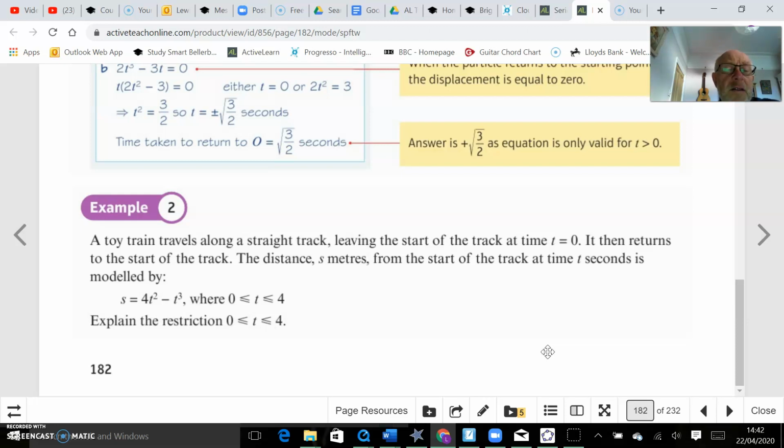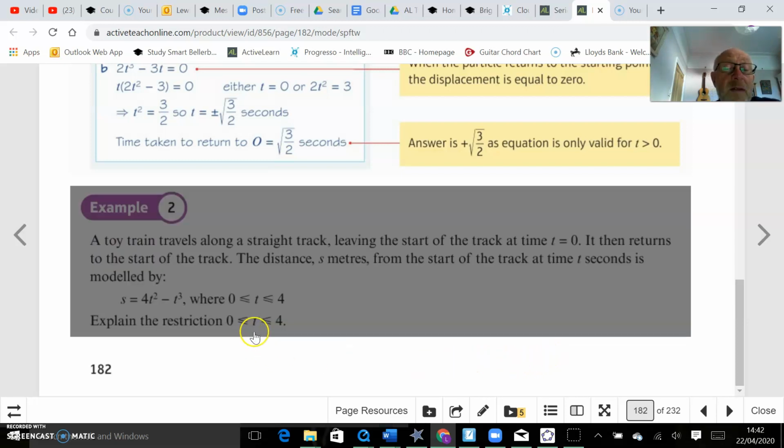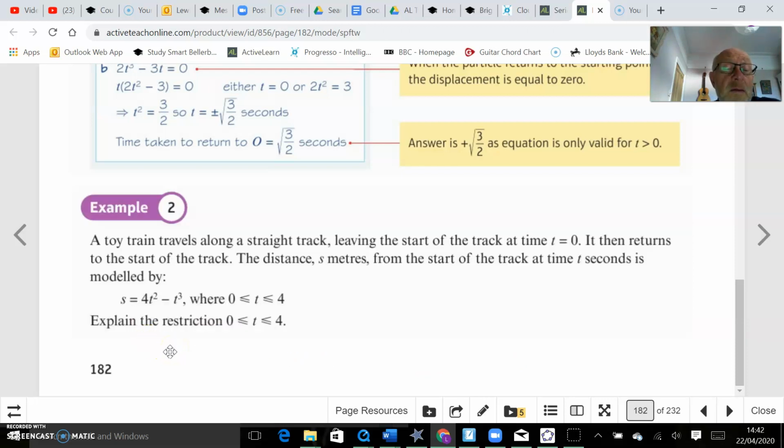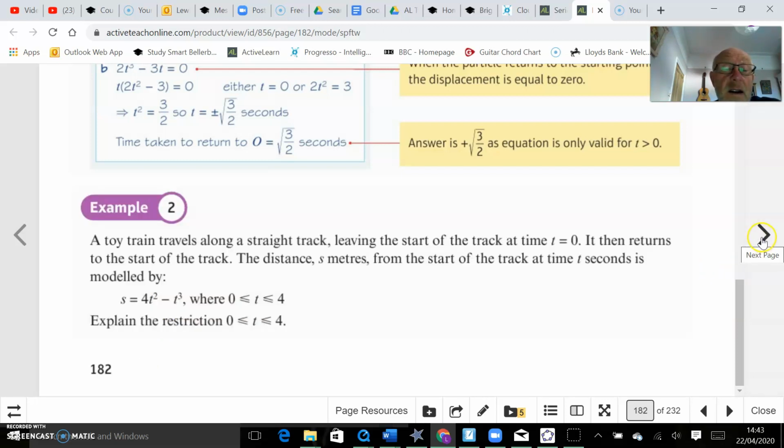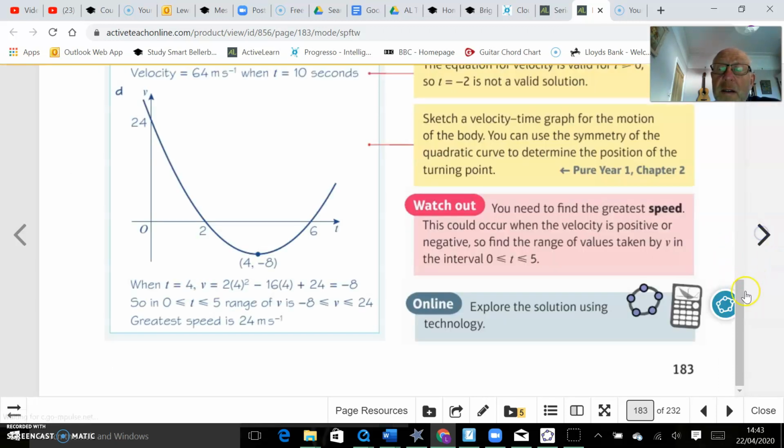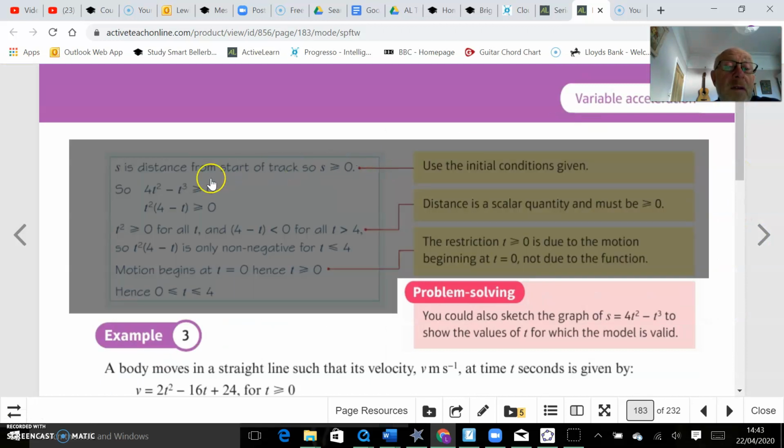Explain the restriction t has to be between 0 and 4. Well, if t were to be equal to 4, you would see here we can factorise that by t squared, and you'll get t squared into 4 minus t. We'll put that over here.